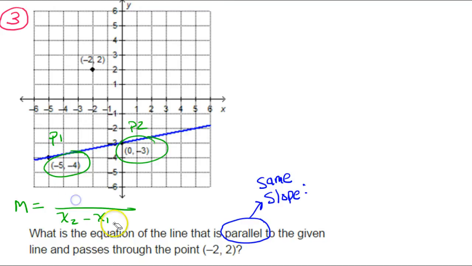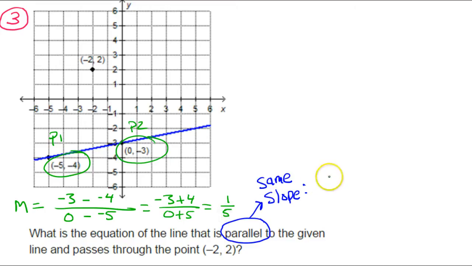So y2 minus y1 is -3 minus -4, and then 0 minus -5. Minus a negative is really addition, so it's -3 plus 4 over 0 plus 5. That's 1 over 5. So the slope is 1/5.